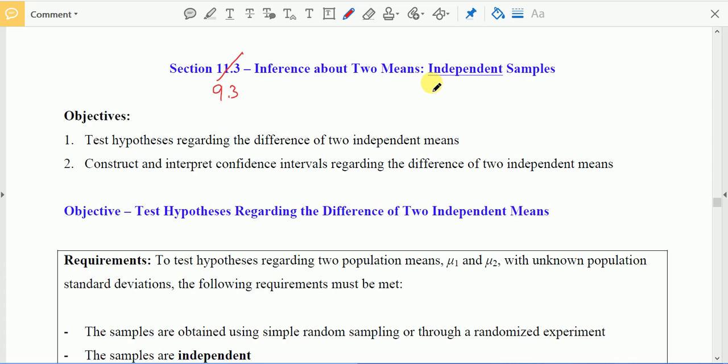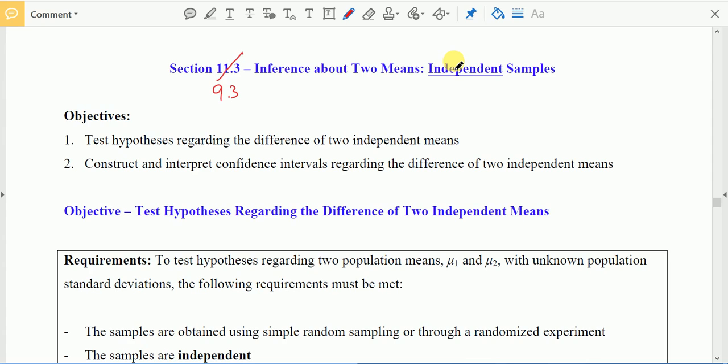So recall from the last section, independent samples are ones where when you pick one value, the next value won't depend on your previous value. For example, let's say I want to see how much money people in California spend on movie tickets each month compared to people living in New York.